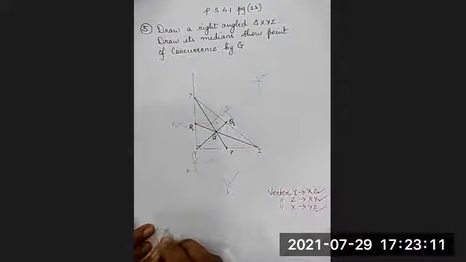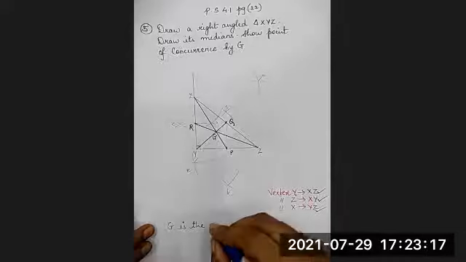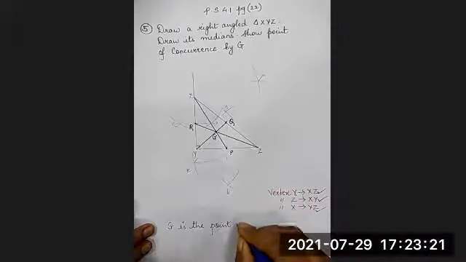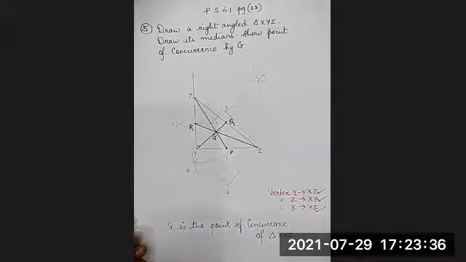Therefore, G is the point of concurrence of triangle XYZ. So this is our sum number 5. The construction is here.